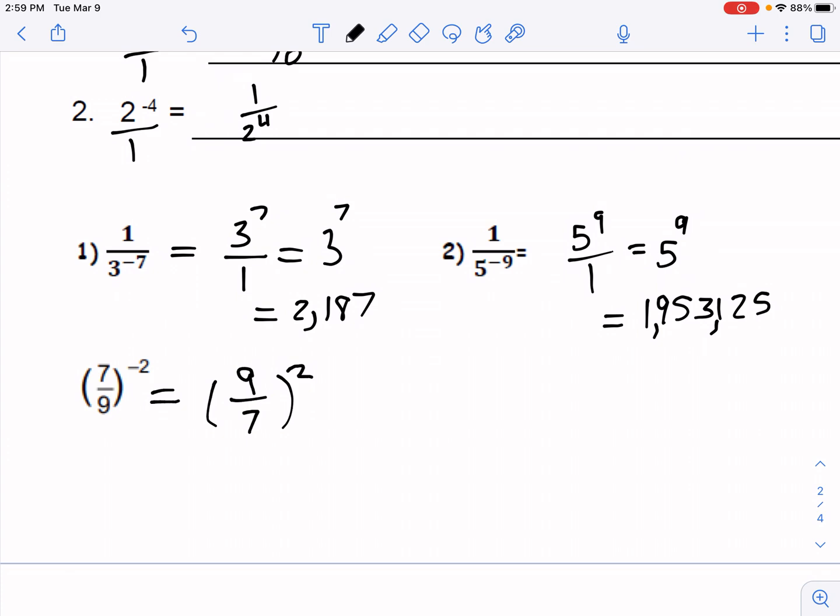So what this means is now we can treat this like we did above. Our base is 9/7, and we're going to multiply it by itself twice. Or you could just plug it in as 9/7 raised to the second power in your calculator.